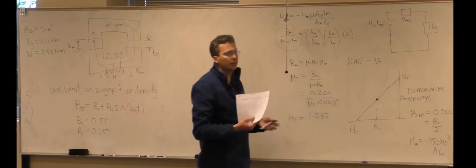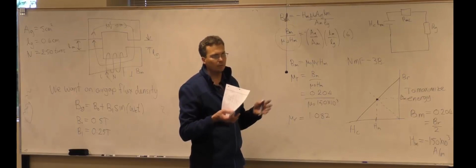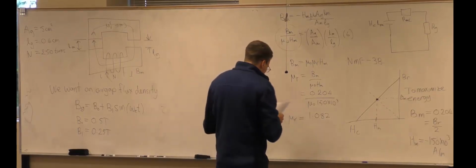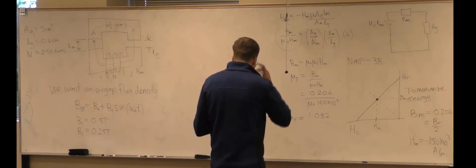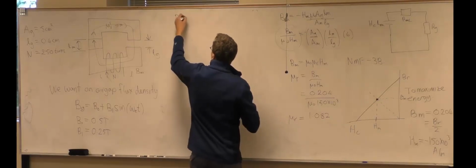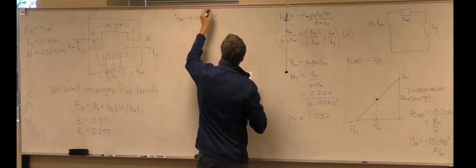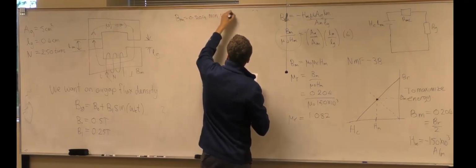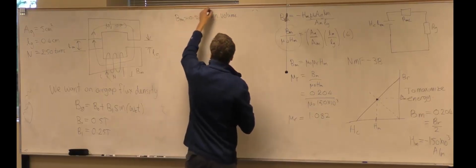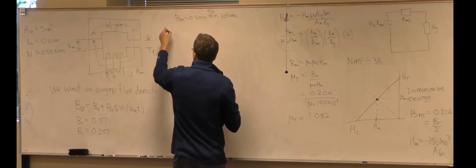If we're operating the magnet at its maximum energy point, that would mean that we will minimize its volume. Okay, so that's important. So we want to operate at BM equals 0.204 to minimize the volume.